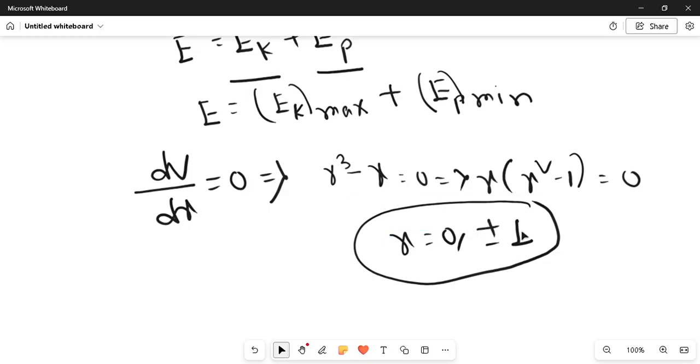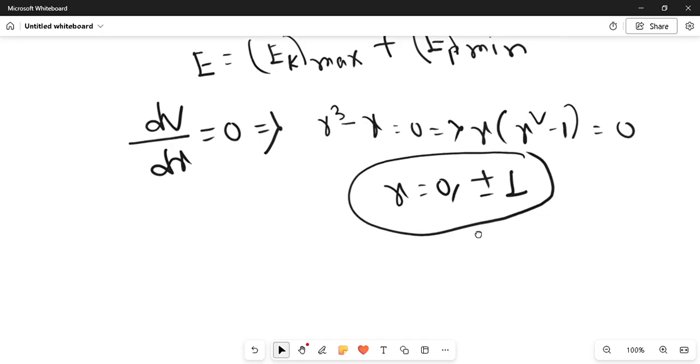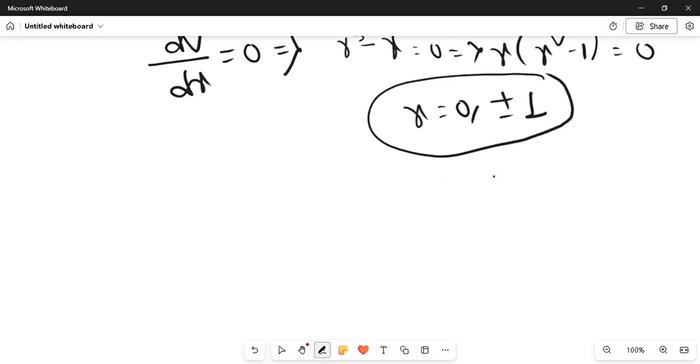Why do we need to find the stable equilibrium point? Because at a stable equilibrium point the potential energy of the particle is minimum, if d square V by dx square at x equal to x0 is greater than 0.